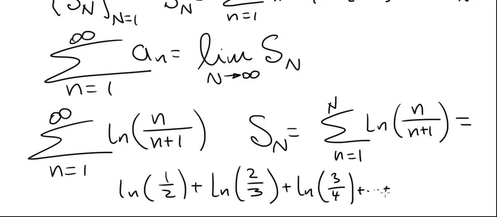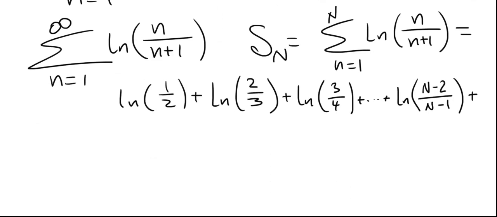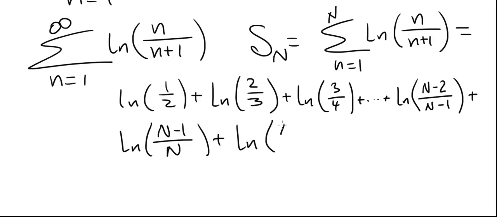And then when little n is N minus 2, this is ln of (N minus 2) over (N minus 1), plus when little n equals N minus 1, that would be ln of (N minus 1) over N, and finally ln of N divided by N plus 1.